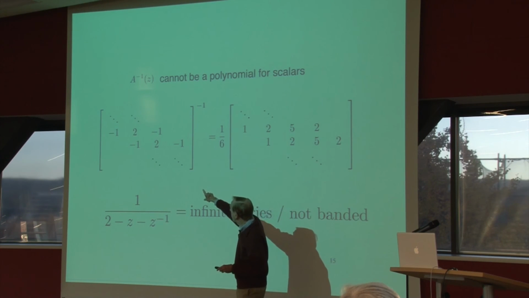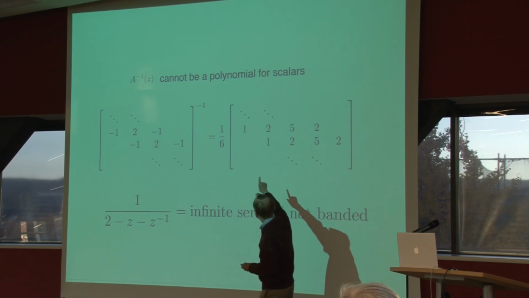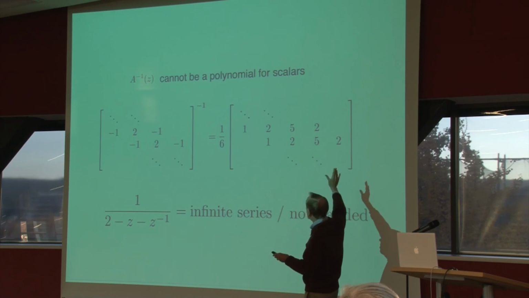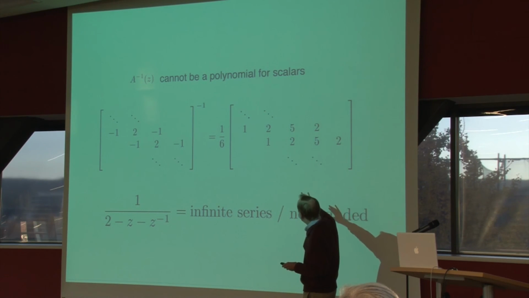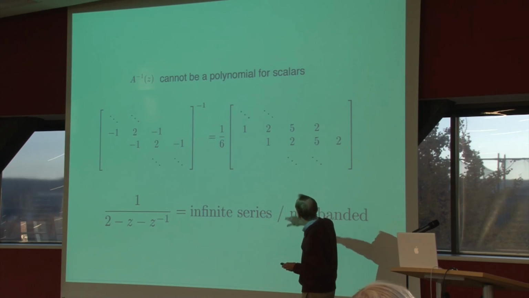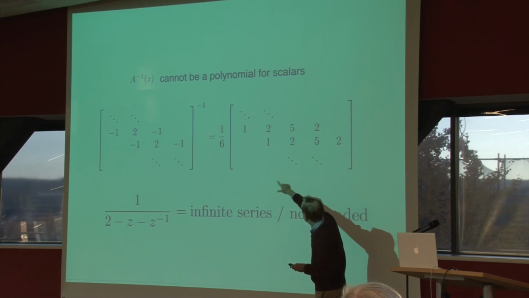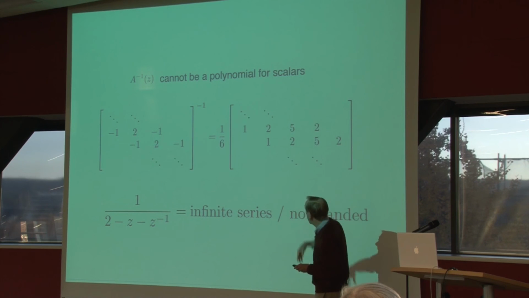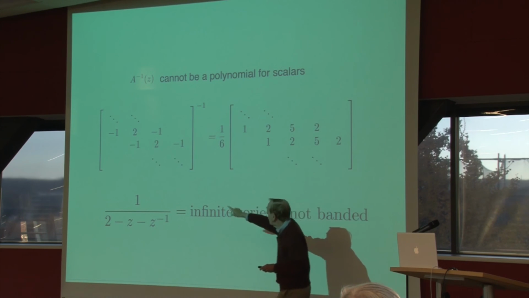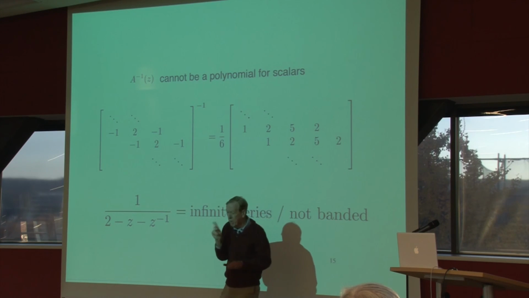There's my favorite matrix. The inverse of the favorite matrix is full. That matrix is full. It should have many more dots. So a matrix like this can never have the property that we want.